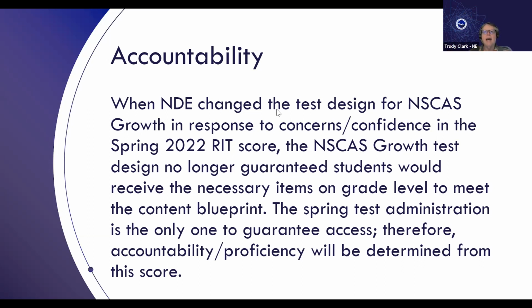It just means that the students will definitely be given the on grade level items necessary to create that proficiency score. So they will still have that flexibility. It just means that we are guaranteeing 100% that each student will have those items on grade level first. Okay.